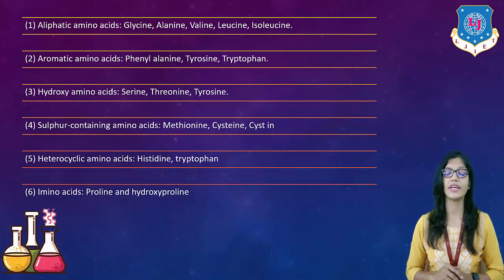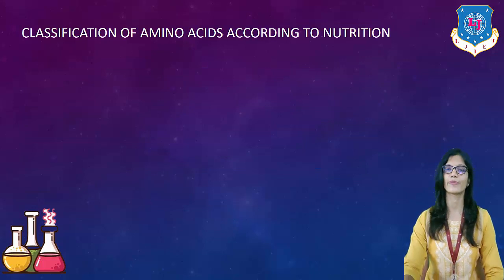Histidine and tryptophan are considered heterocyclic amino acids. The next one we have here is imino acid, which is basically proline, and hydroxyproline is also considered an imino acid.